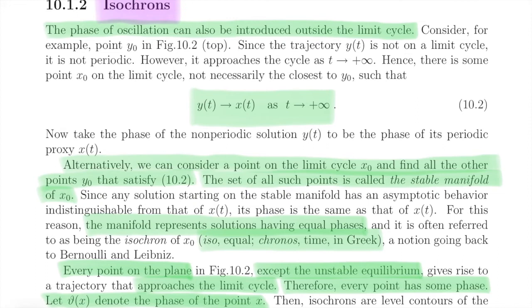So now let's talk about isochrones. Iso means equal, and chron means time. So it means equal times. Why do we need it?